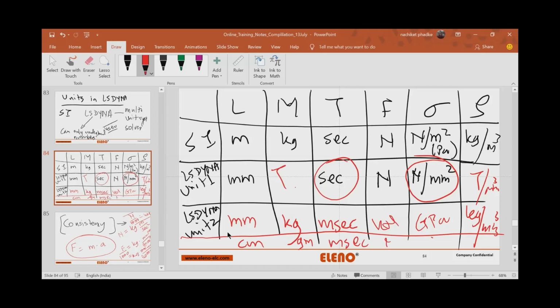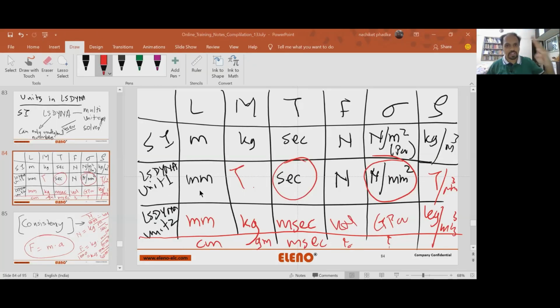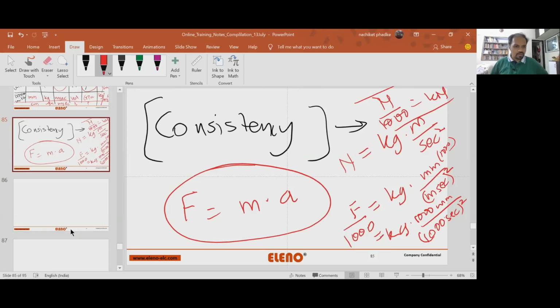Try to find out these values, but maybe later. So centimeter, gram and millisecond is not the unit which we are going to use often, but the first two units, or the second and third unit, we are going to use quite often. Okay, is it clear, guys?